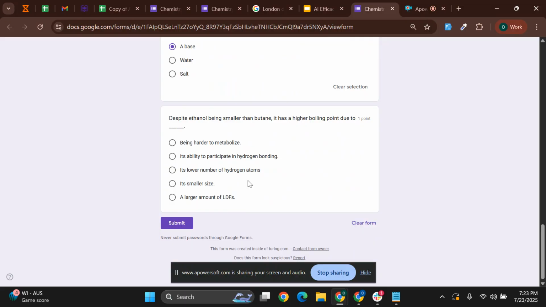Despite ethanol being smaller than butane, it has a higher boiling point due to being harder to metabolize, its ability to participate in hydrogen bonding, its lower number of hydrogen atoms, or its smaller size.